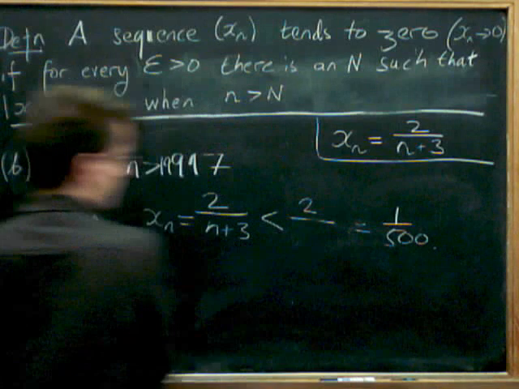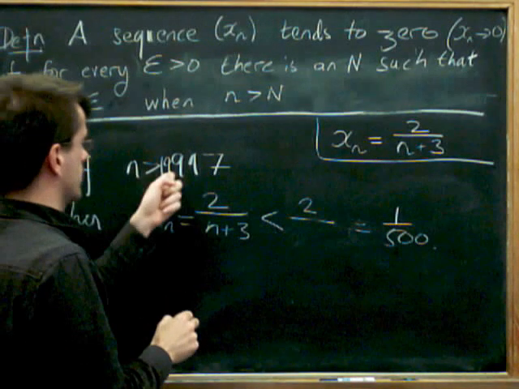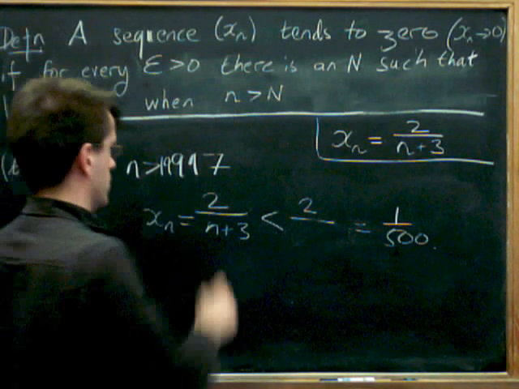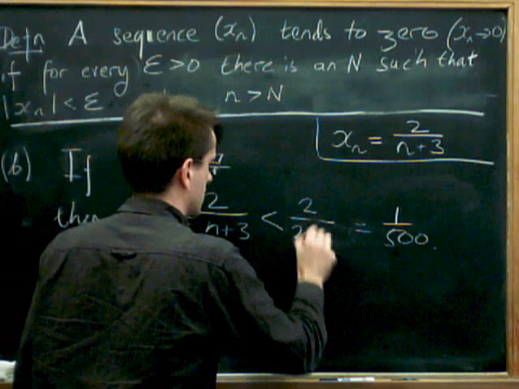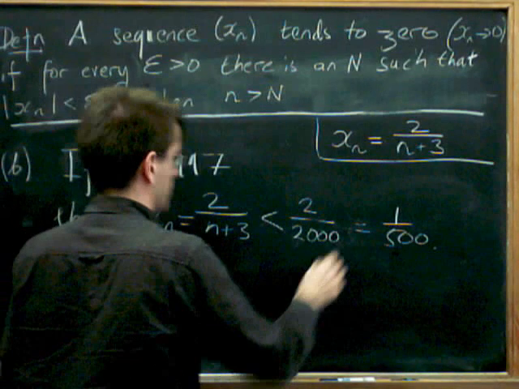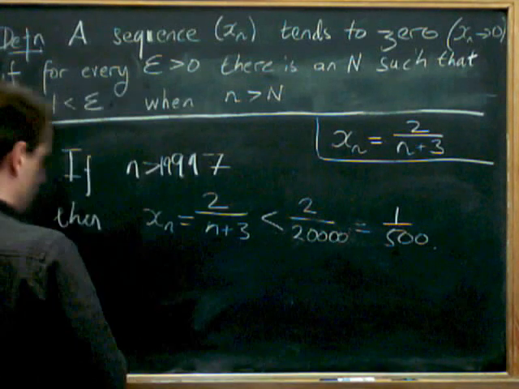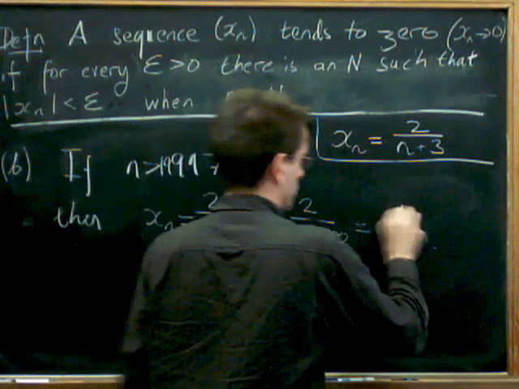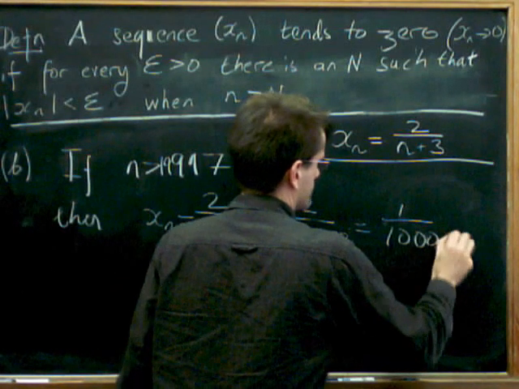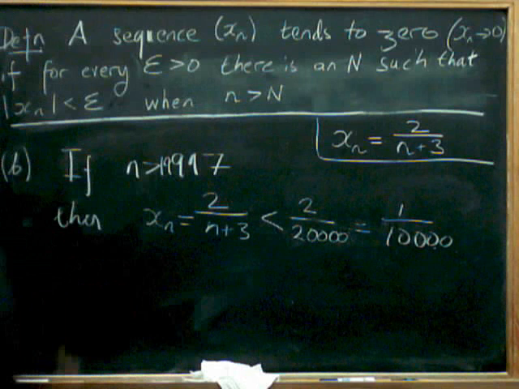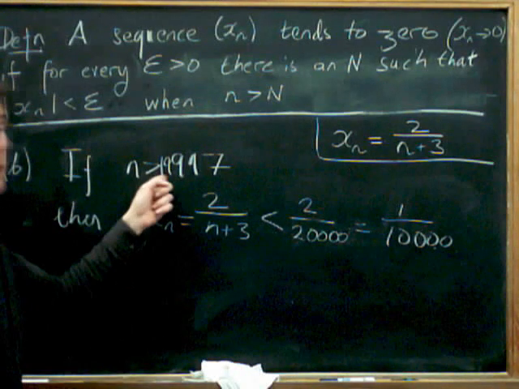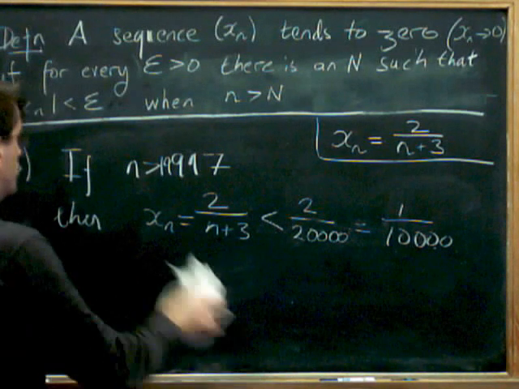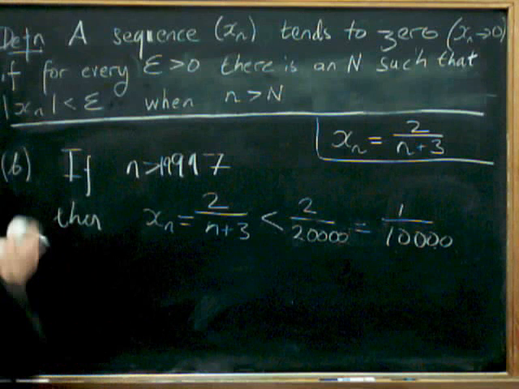So if little n is bigger than 19997, then this is going to be less than 2 over 20,000, which is equal to 1 over 10,000. So on this one we just take that one. Okay, so that was part C.